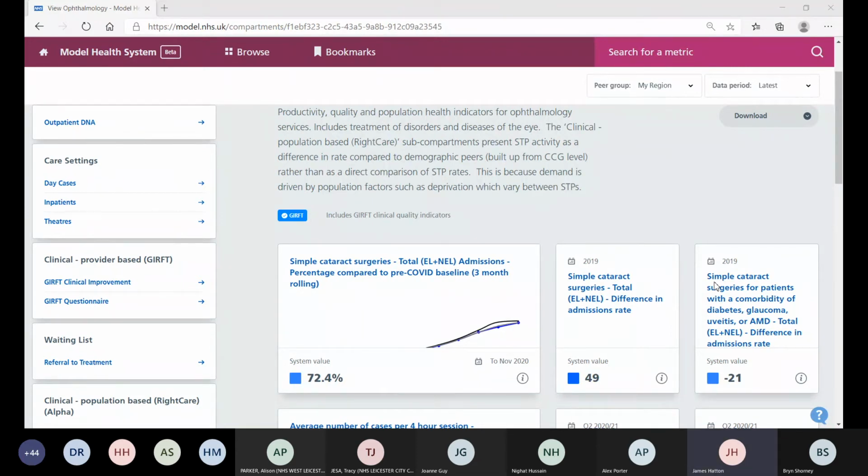So we're trying to get to the best usability for people using this sort of data, and we're really open to any ideas on how we can better do this. And in terms of the pathway stuff I mentioned earlier, I don't know if Roy's still on the call, but we did a bit of work with Roy in the Midlands region to sketch out some of the pathway stuff.